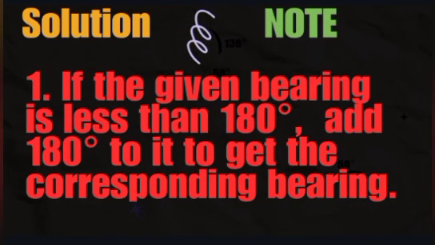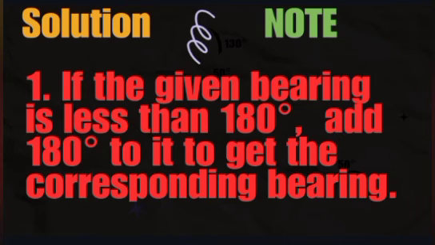Now take note that there are two methods that you can use to solve a question like this. The first method is the one I just showed you. Now for the second method, there are two aspects of it that you need to take note of.